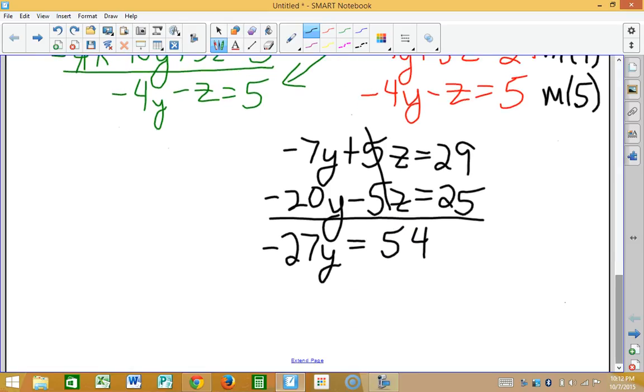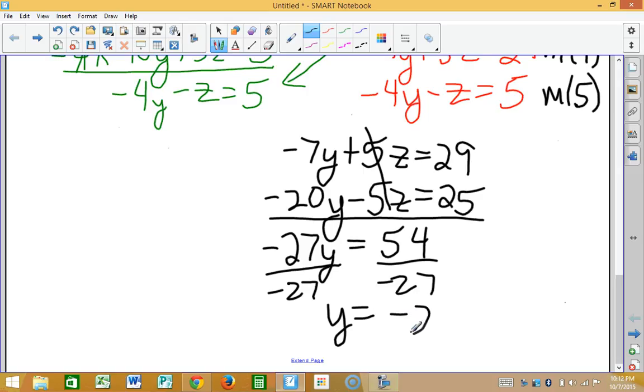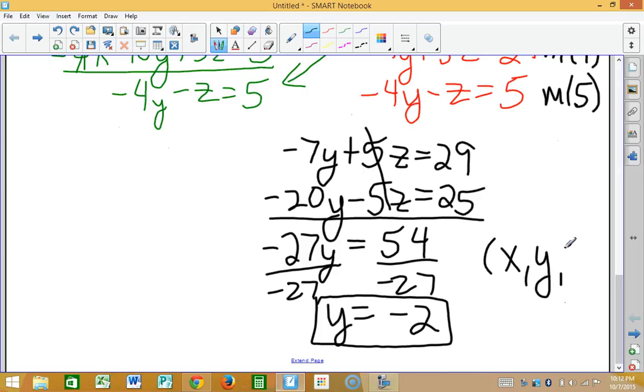Okay, so getting y by itself, we divide both sides by negative 27. So if we take 54 divided by negative 27, we end up getting negative 2. So we found one part of our solution. Okay, our solution now is going to be x, y, z.